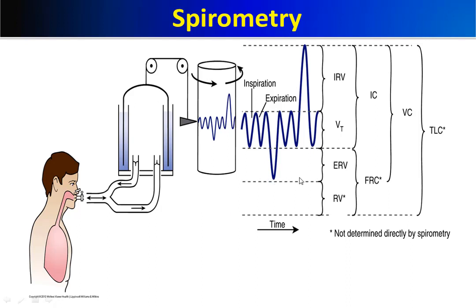And even when someone has already expired the tidal volume and the expiratory reserve volume, this doesn't mean that his two lungs are empty and have no more air. Still, the two lungs have a volume of air which cannot be expired even with forced expiration, and this volume of air is known as the residual volume.